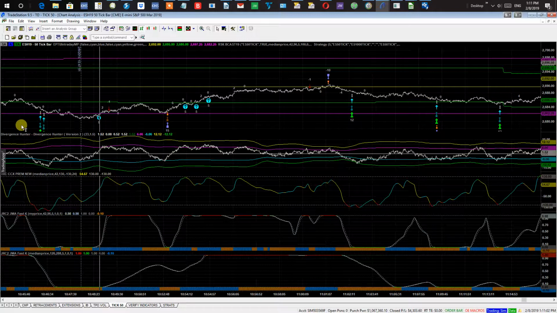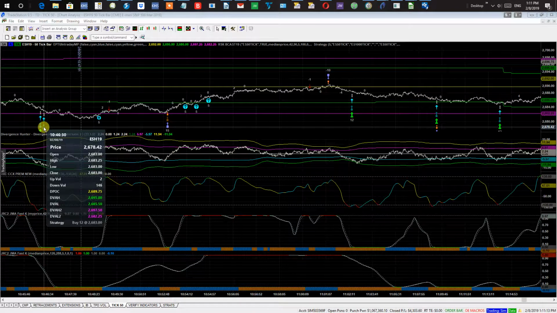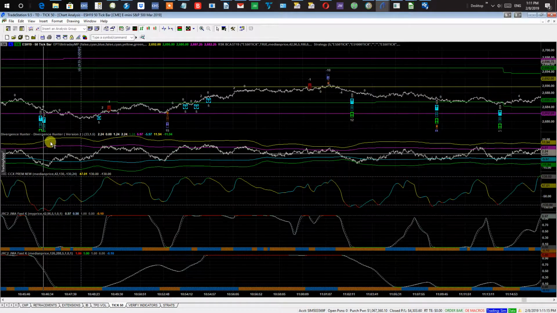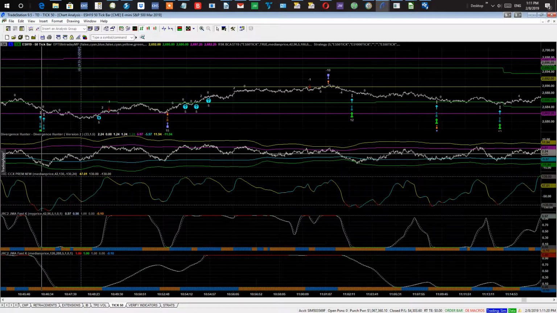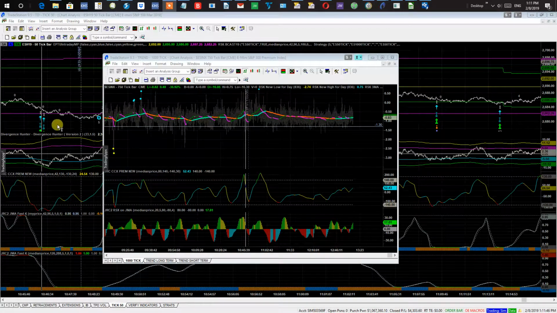that the premium, and we'll show you that again, we'll use this time frame. I want to show you the premium. These particular strategy settings do not take into consideration this particular slope.